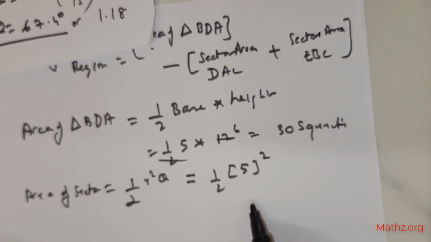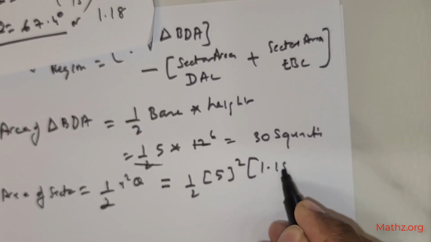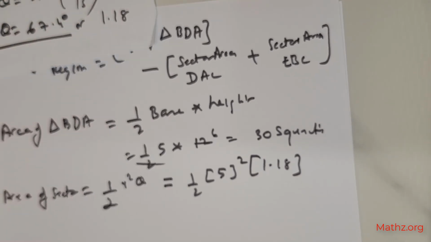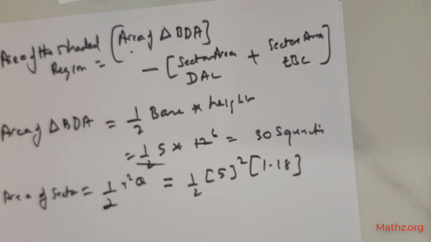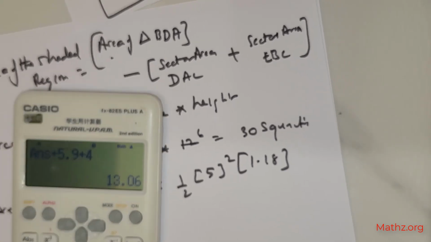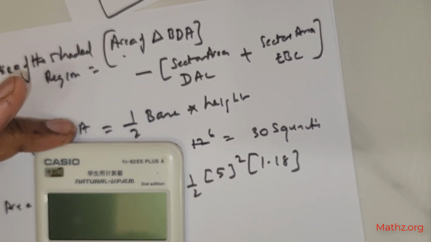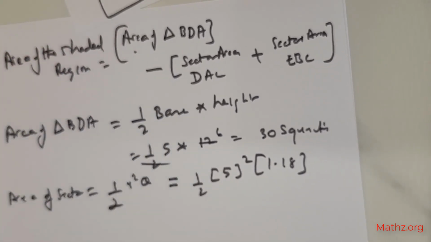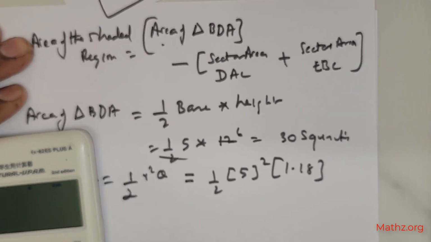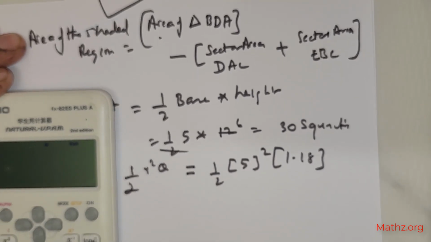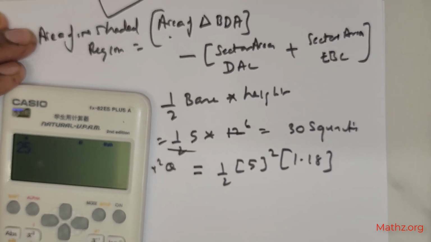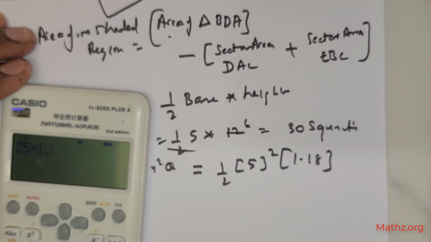So utilize your calculator and find out the value. 25 multiplied with 1.18.